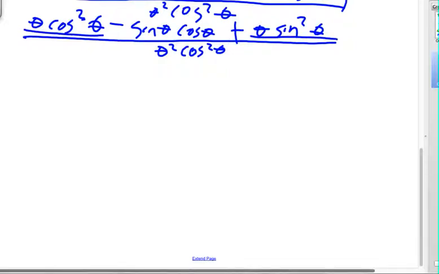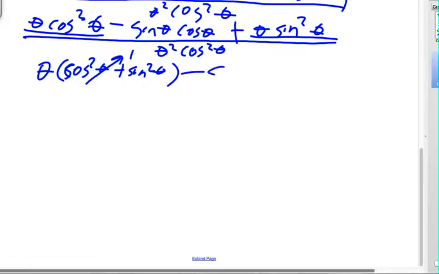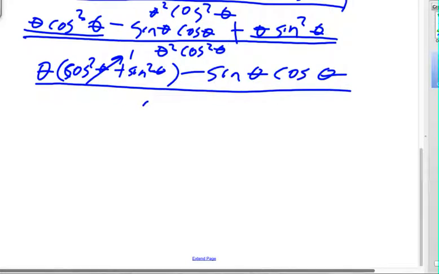This ought to ring a bell for you. Cosine squared plus sine squared. I'm going to put those together. So I'm going to factor theta out. So now I'm going to have cosine squared of theta plus sine squared of theta. And if you don't recognize this as 1, you're in deep trouble. Minus sine theta cosine of theta, all over theta squared cosine squared of theta.